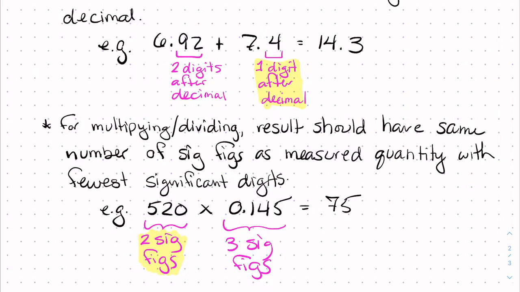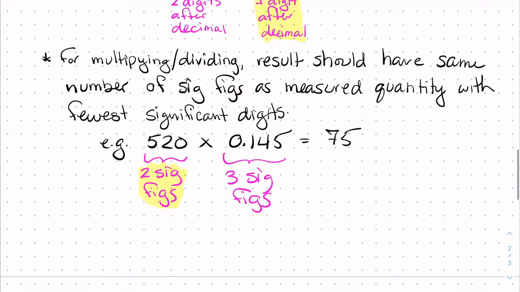One other thing to keep in mind that we'll talk a lot more about later is that for multi-step calculations, you want to make sure that you're rounding only at the end, not between every step. So we'll talk a lot more about that as we get into more calculations further down the line. But for now, just being able to do some basic calculations and rounding appropriately is good enough.